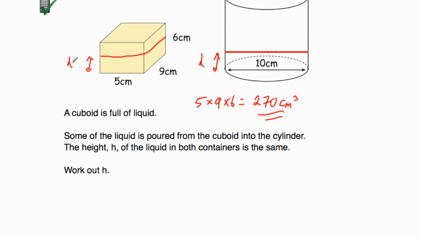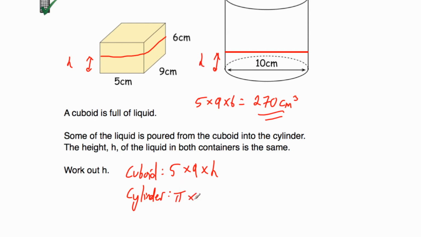We don't know the value for h, so we don't know how much volume's in there yet, but we'll figure that out. So the volume of liquid in the cuboid would be 5 times 9 times h. Now in terms of our cylinder, if we want to find out the volume of liquid in this container, we've got the area of the base is pi r squared, and then we just need to multiply by the height.